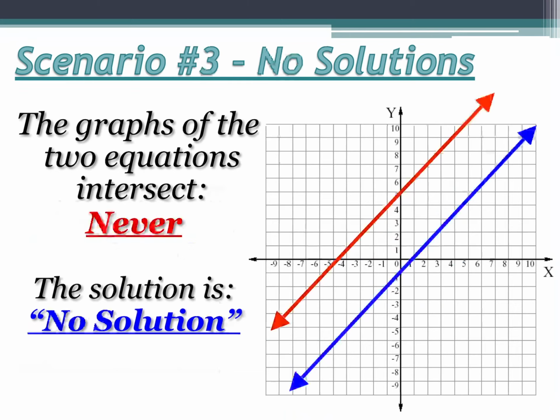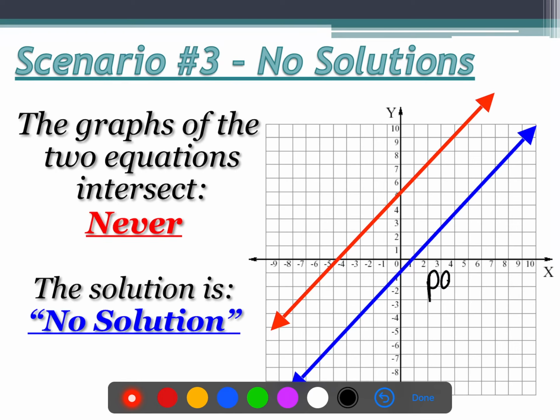Scenario number 3. When we graph our 2 equations, the lines never intersect. If the lines do not intersect, we cannot get a solution. The only way that we could get lines that never intersect is if they were parallel. And what do we know about parallel lines?